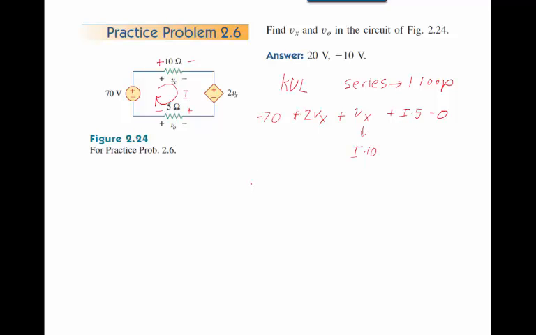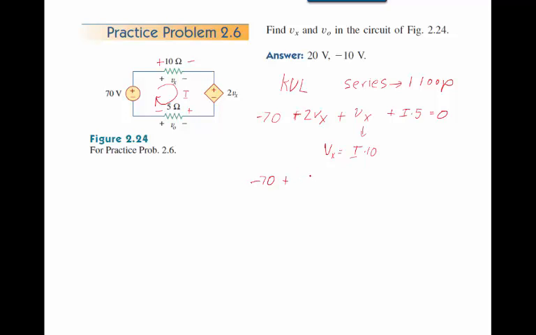Okay, so minus 70, and Vx by definition is I times 10, right? And this is a voltage controlled source. The voltage here depends on the voltage here.